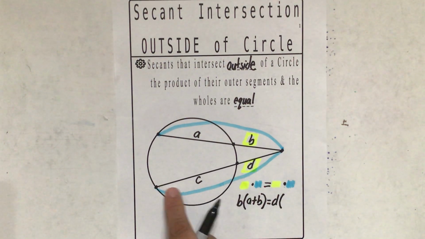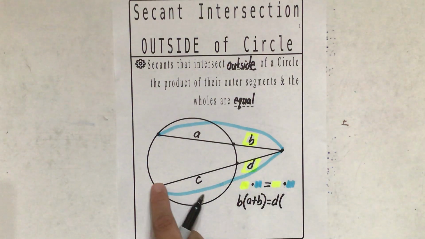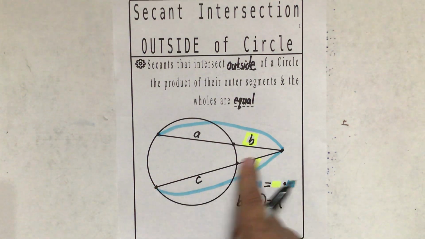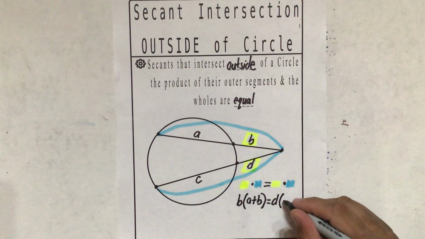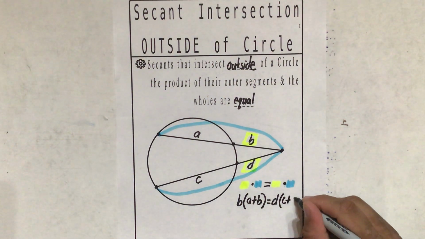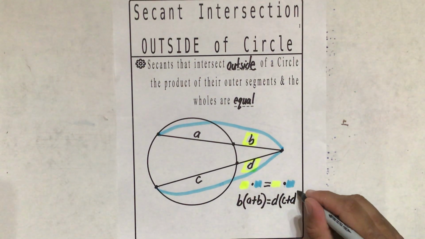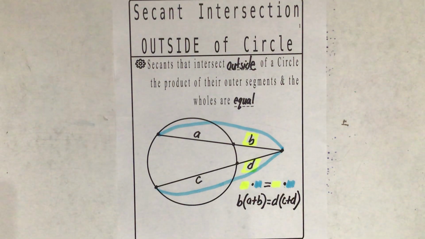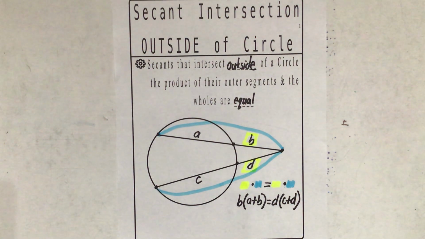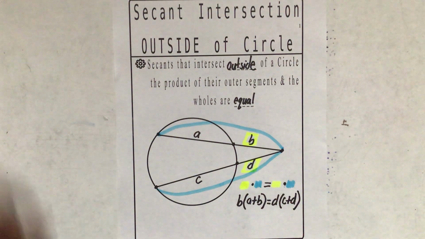What two letters are over this whole blue line together? C and D. So C plus D. And that's our formula. Now, it looks confusing right now, but let's work out some examples, and I'll show you that the formula will make better sense.